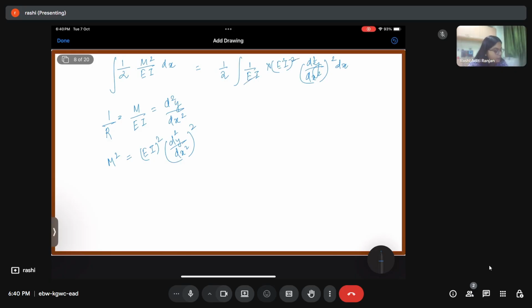This will cancel out and this will become half integration of EI d2y by dx square whole square into dx. So this is the final equation as of now. For now, we'll leave this equation over here only. This is the potential energy max.